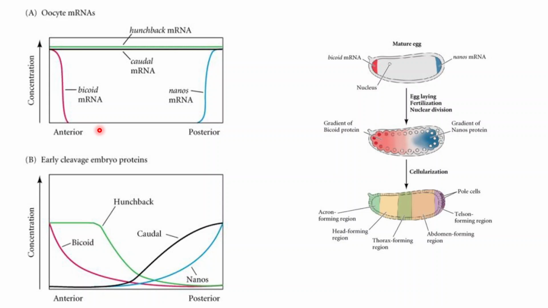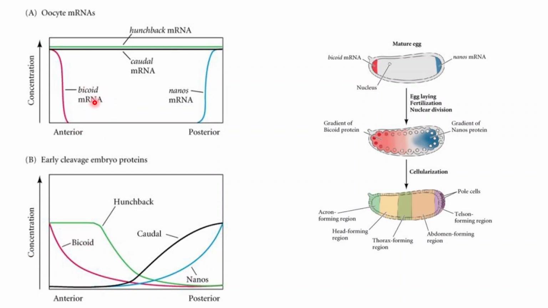There are several important maternal effect mRNAs such as bicoid mRNA and nanos mRNA. Bicoid mRNA localizes to the anterior portion of the egg, while nanos mRNA localizes to the posterior end. We also have high levels of hunchback mRNA and caudal mRNA. In the early cleavage embryo, proteins are made when this mRNA is translated into protein.